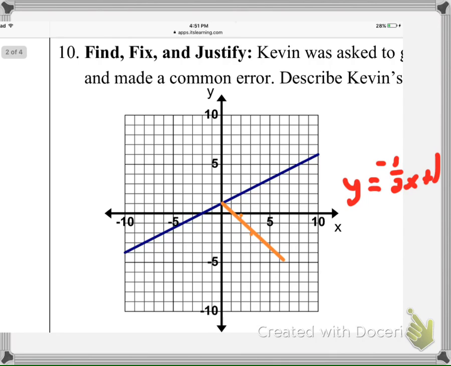Boy, that's not very good at all. I'm going to make this bigger so you can see better. So we went down 1 and to the right 2, and we'll also go up 1 and to the left 2.